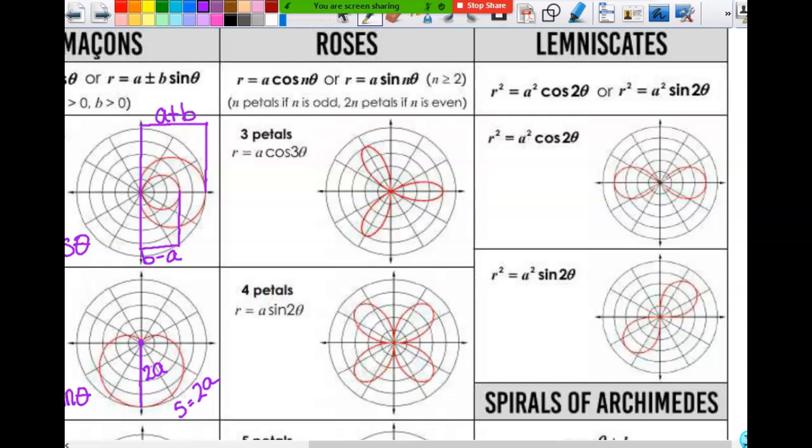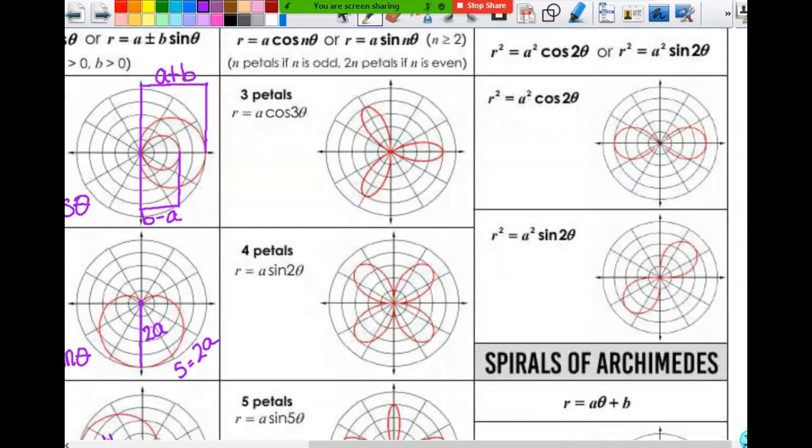Okay, so let's look at these. So here, I know that n is 3. That's why we have 3 petals. Your maximum r value is from the pole to here, and that's A. Whether it's sine or cosine, you look at the first petal, and somebody asked me a very good question last period: how do you know which one is the first petal?